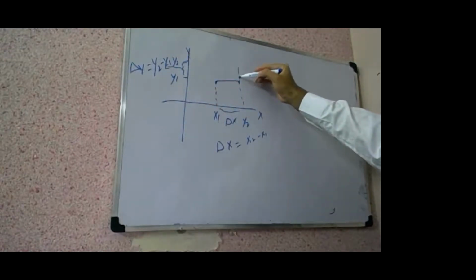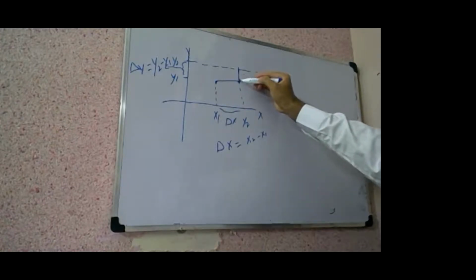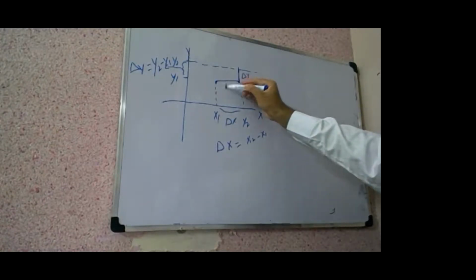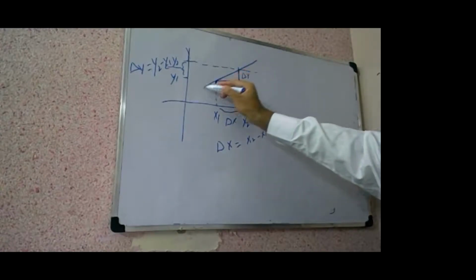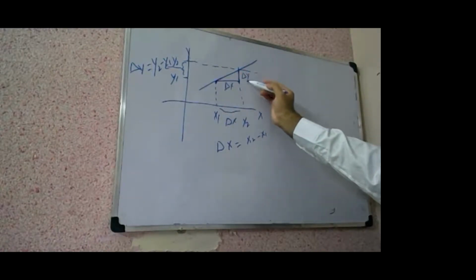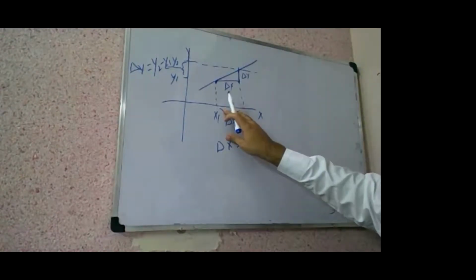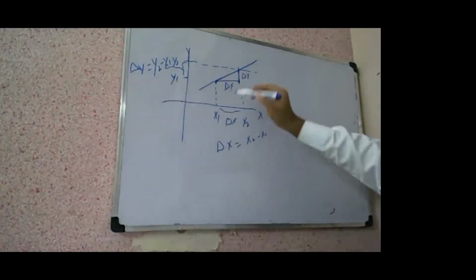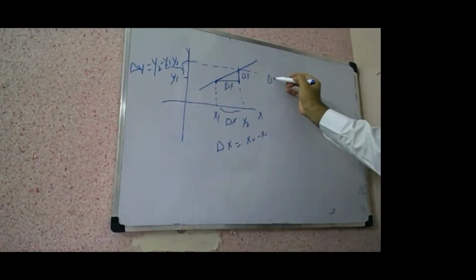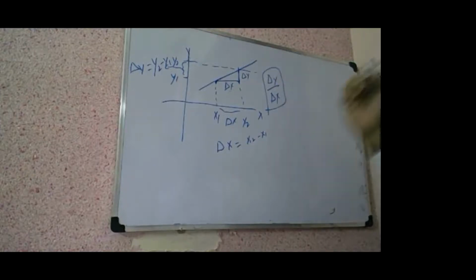So this is delta y and this is delta x. Now the slope will show us the rate of change in y with respect to the rate of change in x, which is delta y upon delta x. So this is the basic theme of differential.